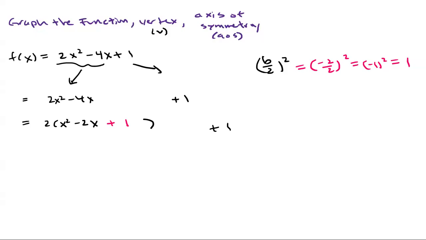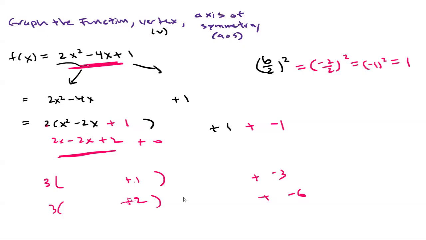As I mentioned, this top equation has to equal here. And if we just add in the minus 1, when we distribute this to each term, we get 2x squared minus 2x plus 2, but plus 1 minus 1 will give me a 0.